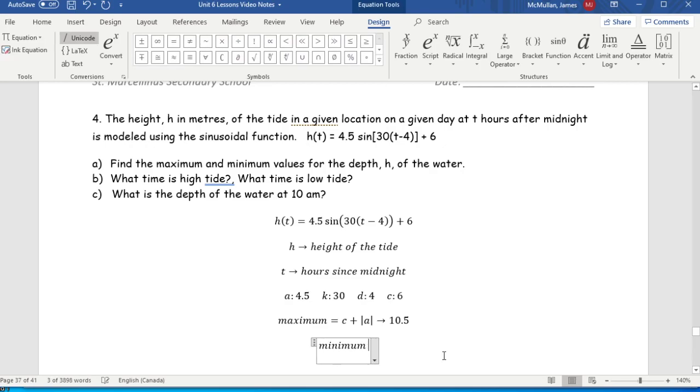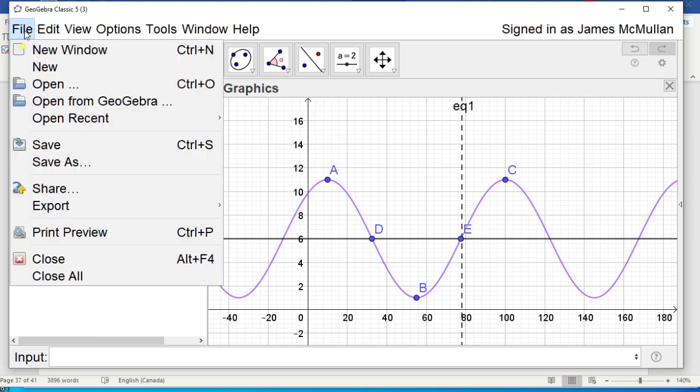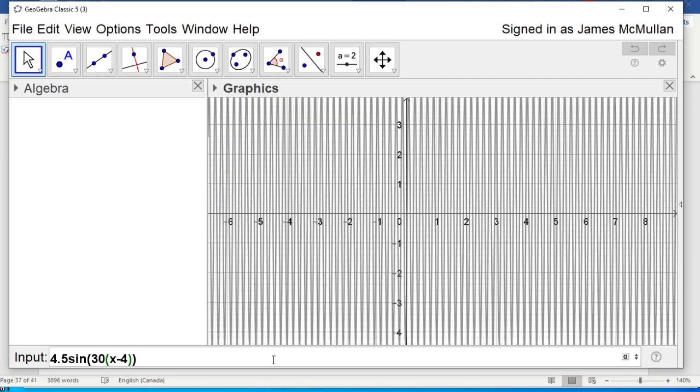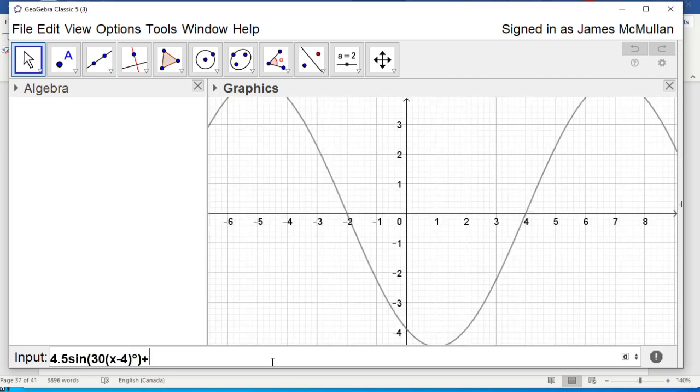The minimum would be c minus the absolute value of a, which is 6 minus 4.5, so 1.5 is the minimum. So the highest this function will get to is 10.5, and the lowest is 1.5. Let's sketch it quickly so you can see what I mean. So it's 4.5 sin 30 (x minus 4) degrees plus 6.